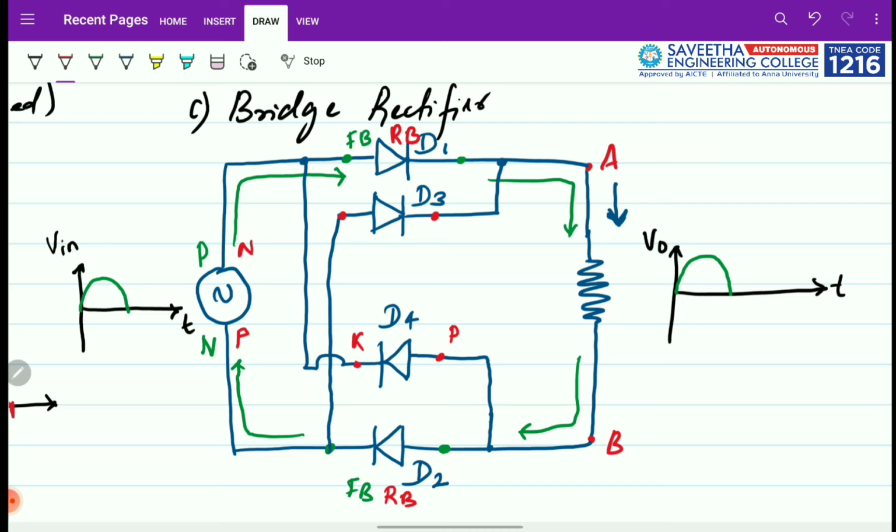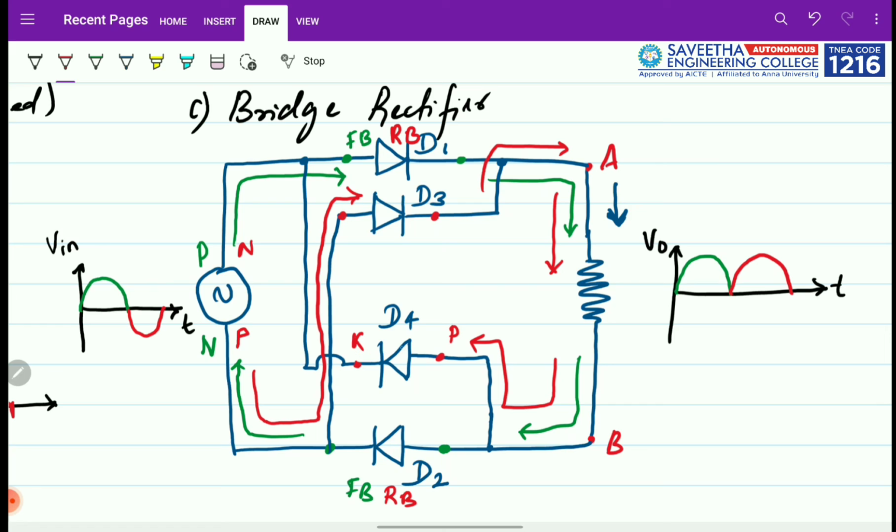So the current can now travel in this direction towards D3, and again the current is traveling in the direction of A to B, so the current direction is not changed. The output voltage during this half cycle is again the same as the input, and since the current direction is not changed, it appears on the positive side itself. It returns back here, and D4 activates.